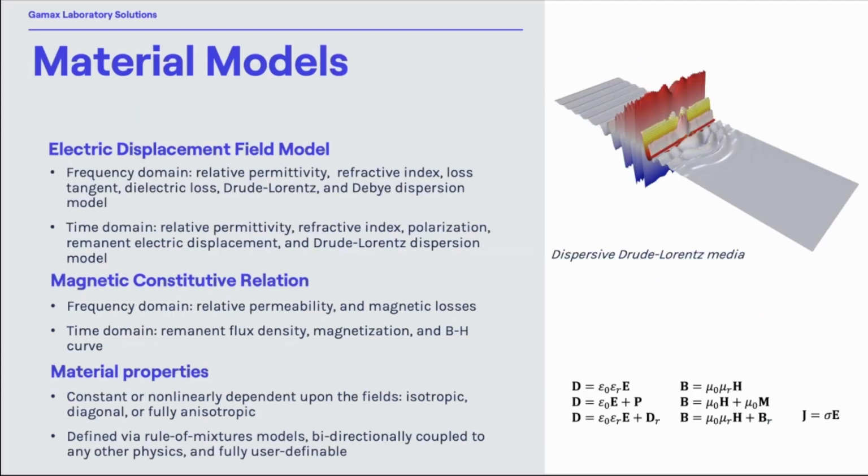Several material models exist. Here you can see a few of those. You can set up different material constitutive relations depending on your needs and depending on the module, whether you are in the low frequency regime or in a high frequency regime. There are different options for different modeling and simulation needs.